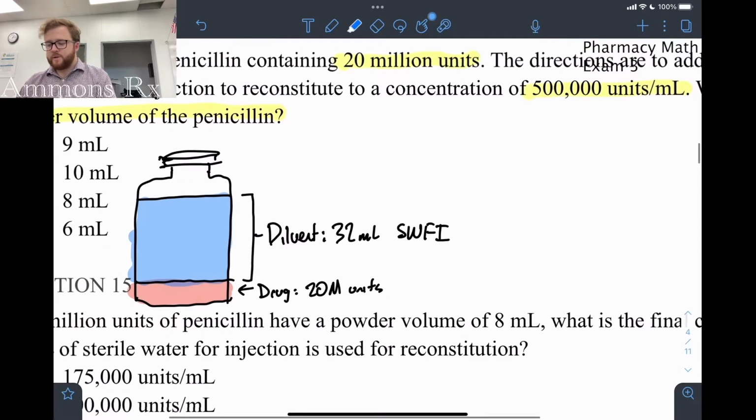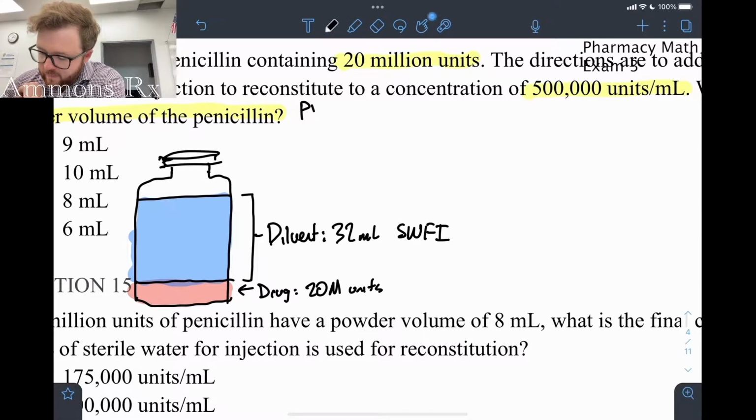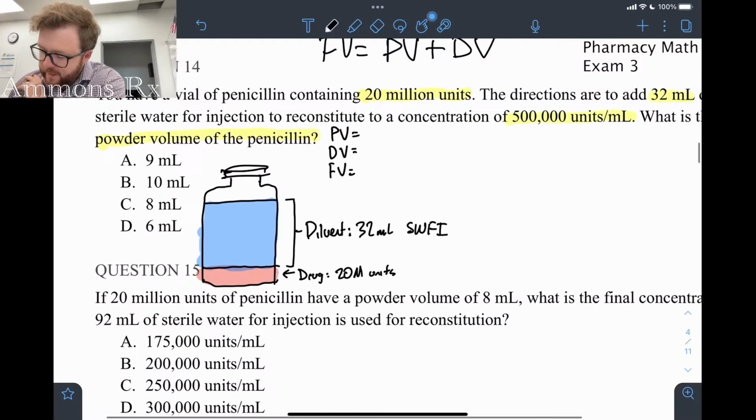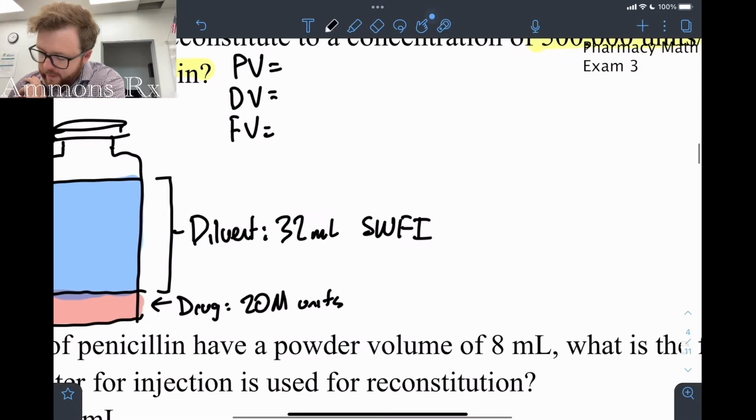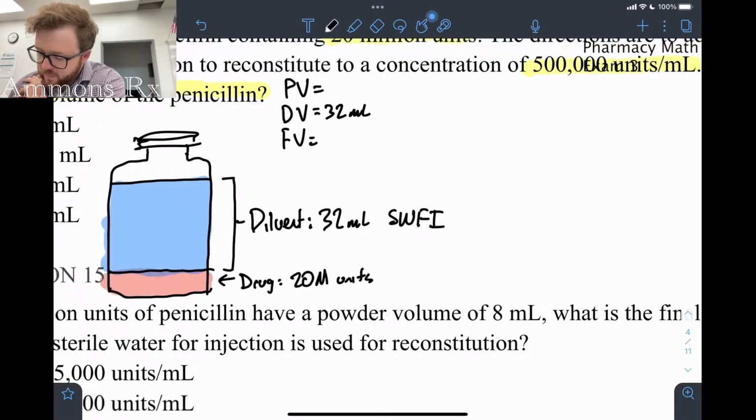Okay. So that right there is two components that we need, right? We need PV, DV, and FV. So let's go ahead and identify which one we have. We have DV, which is 32 mils.